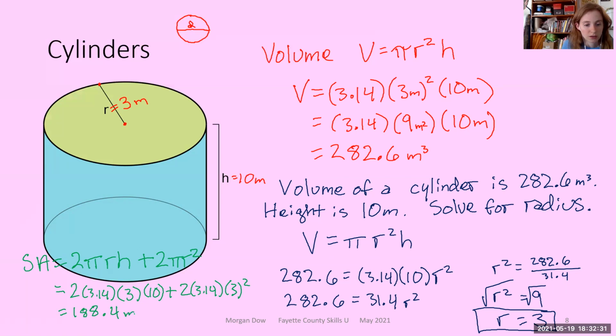That's going to be square meters. Plus 2 times 3.14 times 3 squared. What is 3 squared? 3 squared is 9, right? 3 times 3 is 9. So that gives me 56.52 meters squared. And when I add those together, I get 244.92 square meters is the surface area of my cylinder.